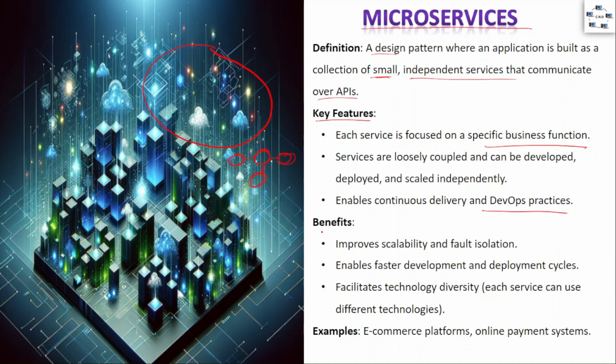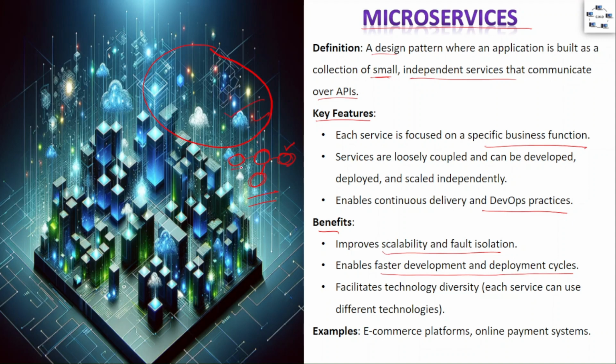Benefits include improved scalability and fault isolation. Of course, if you have a fault, you don't need to disrupt the whole application. You will just work upon the individual module or the individual microservice that has the fault. It enables a faster development and deployment cycle, because you won't need development of the whole monolithic application.